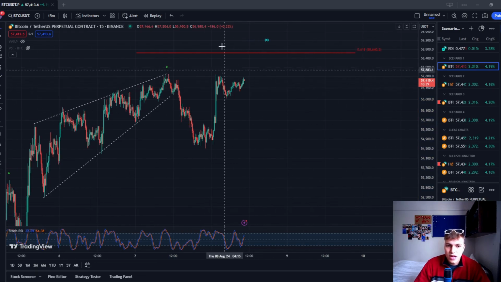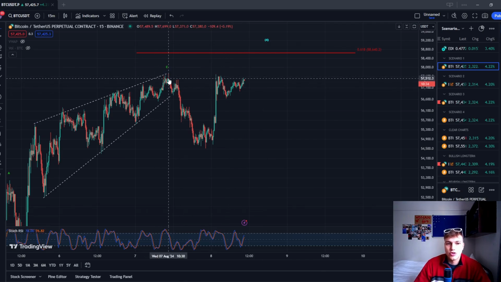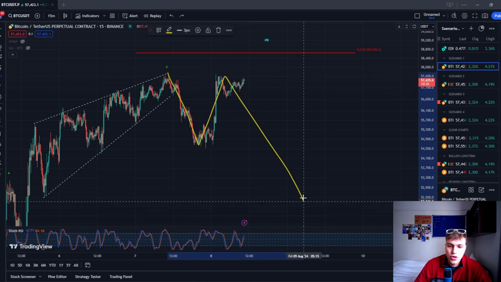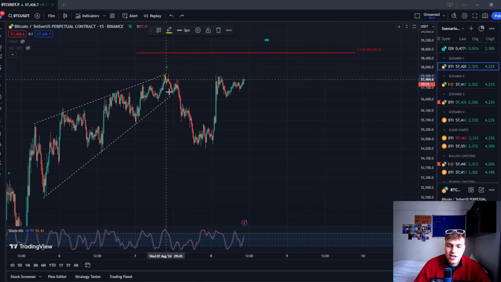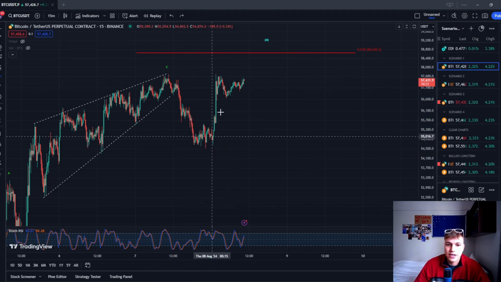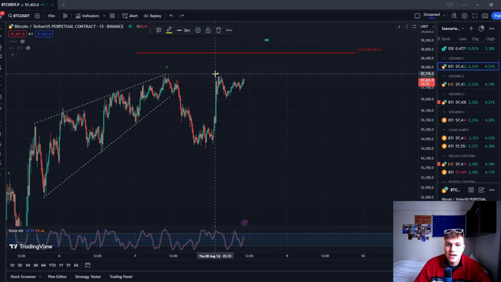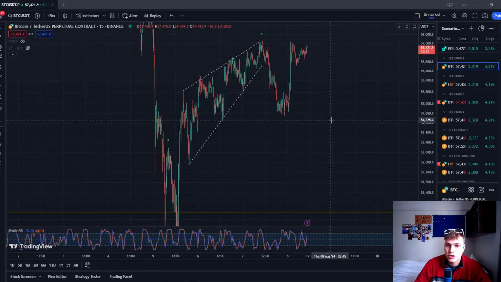Now, this move up came extremely close to the high. That means either this is not a wave 1, 2, 3 to the downside, or this is something completely different. Now, we should be seeing this. If this price takes the high here, this would invalidate that 1, 2 to the downside.